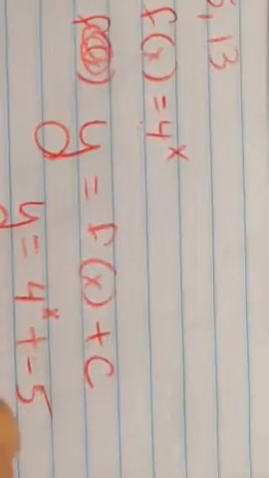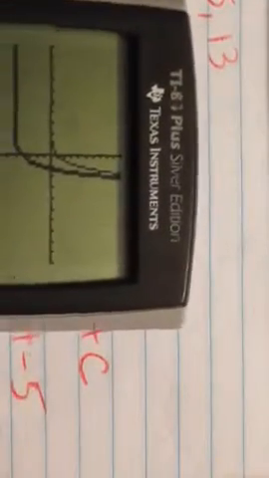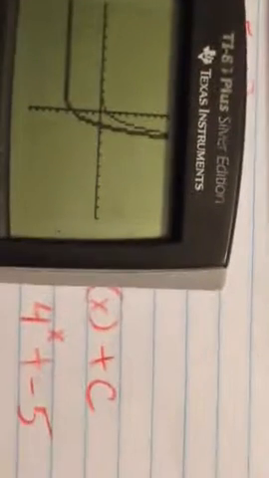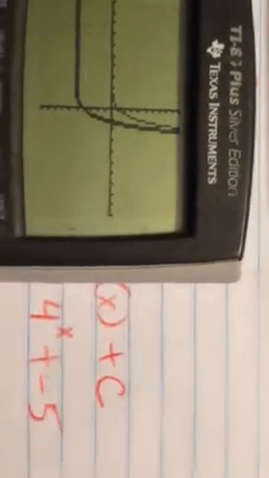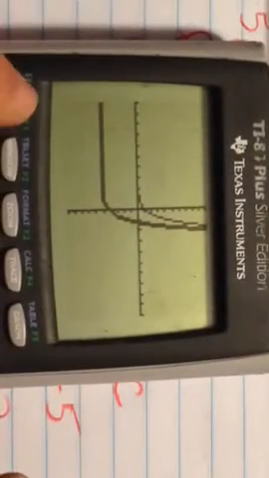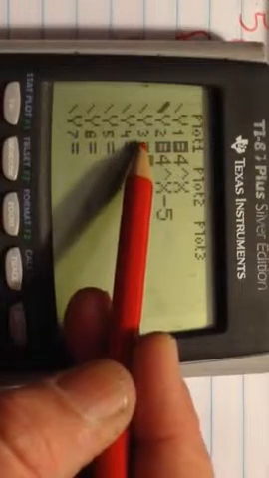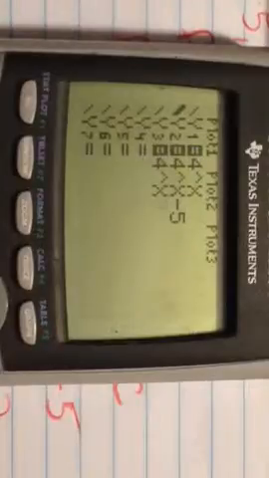It asks us to say y equals 4 to the x, and this time put -2 in. Well, if -5 moved it down 5, what do you think -2 will do? It's going to move it down as well. So we'll put it in y3 this time: 4 raised to the x power -2.